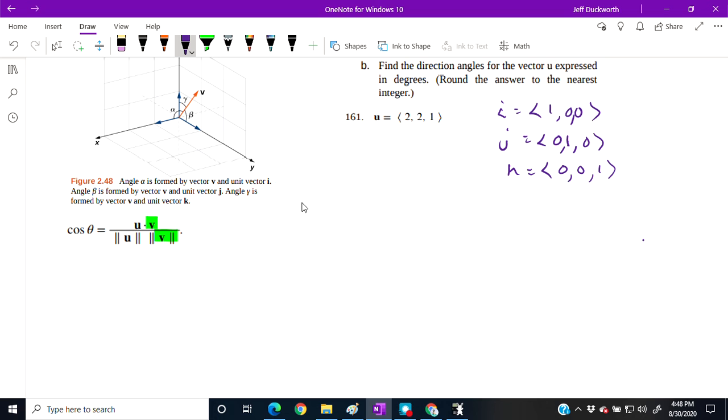So cosine alpha, so we'll let alpha equal u and i. So cosine of alpha is equal to u dot i over the magnitude of u multiplied by the magnitude of i.